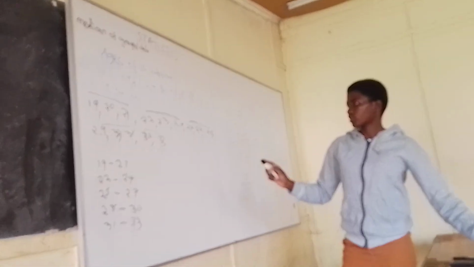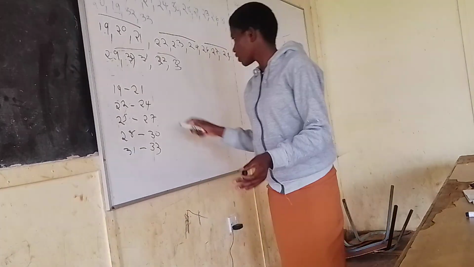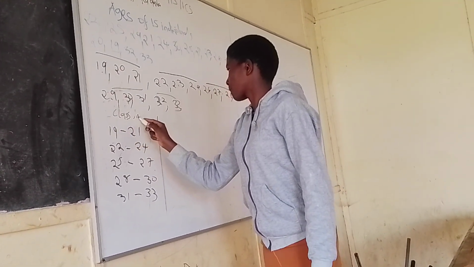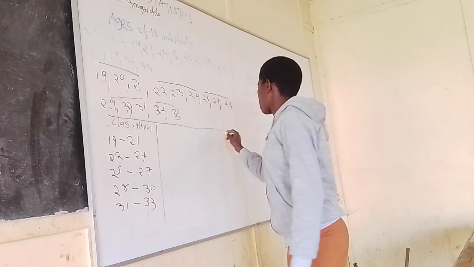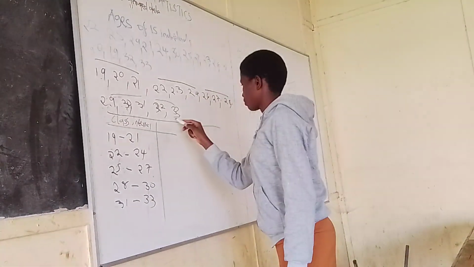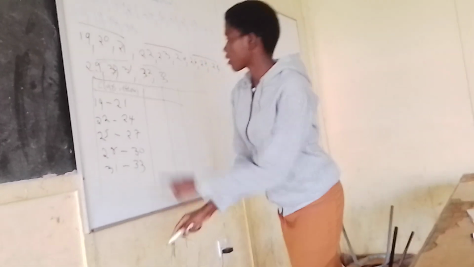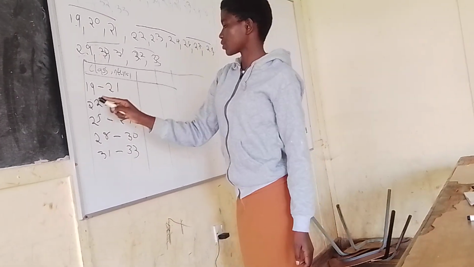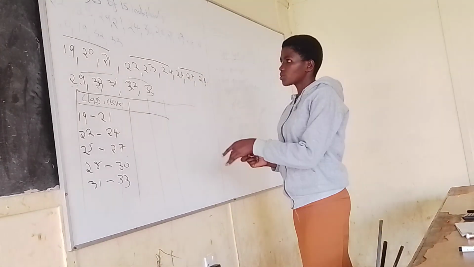After finding the class intervals, 19 to 21, 22 to 24, 25 to 27, like that, then you count.